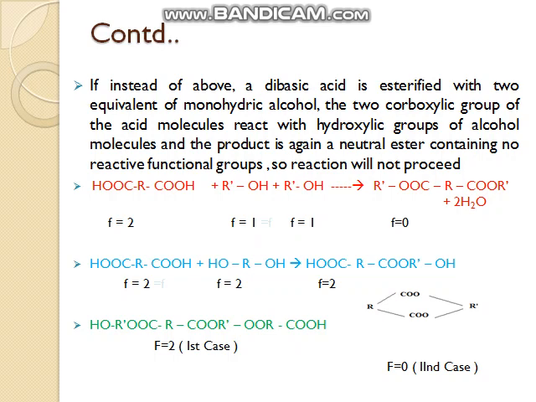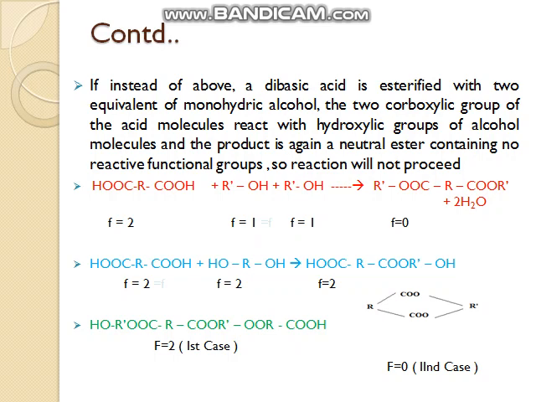In the first, the functionality is 2, and in the second and third the functionality is 1 and 1, but the final product has functionality equal to 0 because there is no reactive site present in the product. Due to this, no further reaction is possible. In the other case, the acid contains two functional groups, whereas the alcohol also contains two functional groups.